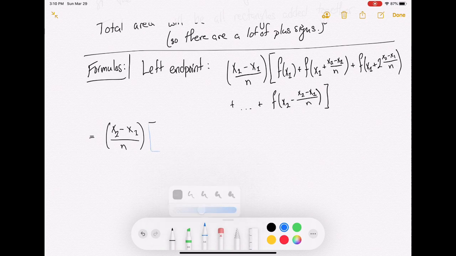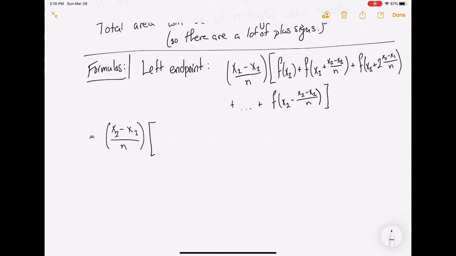But then we end up with f of x1 plus f of x1 plus x2 minus x1 divided by n.